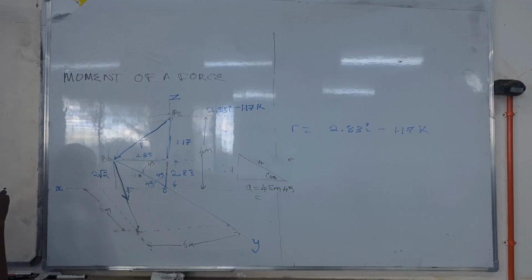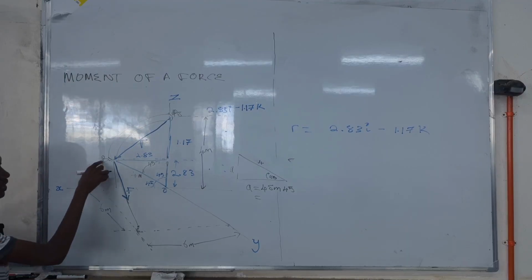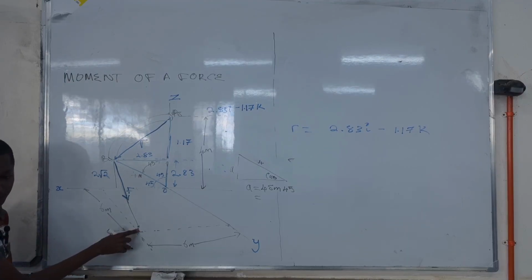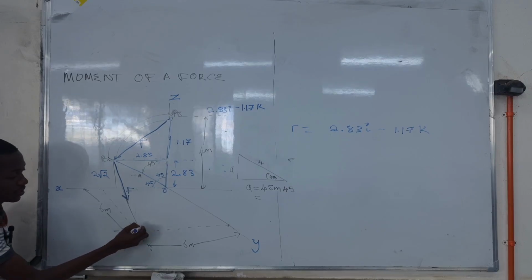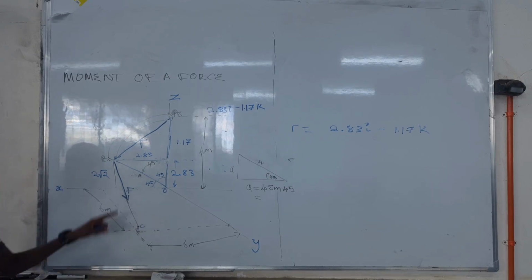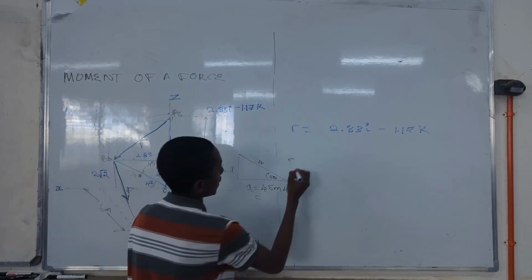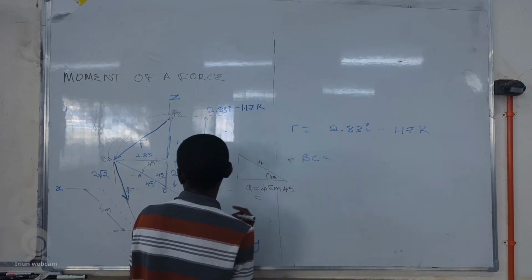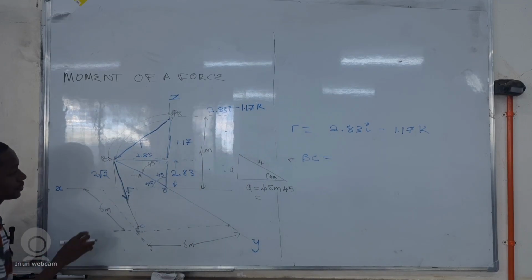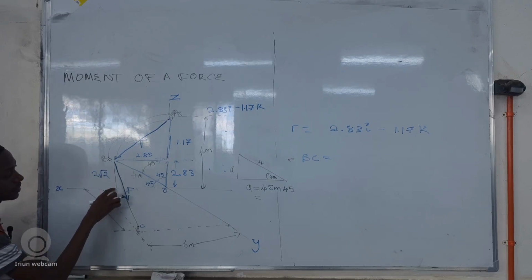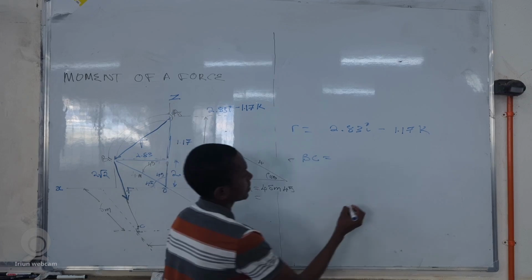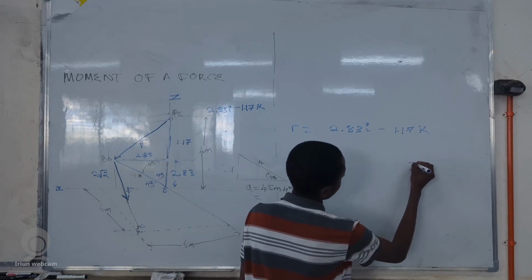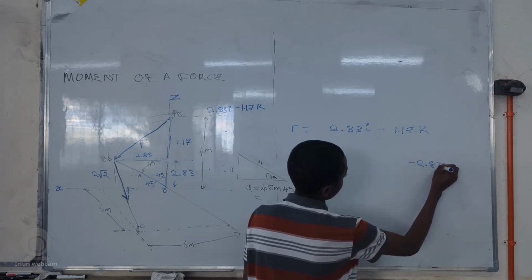So we just need to resolve now our force, right? So for our force, we are moving from B to what? What's this position? C. Okay, so we're moving from B to C. BC is equal to what? Okay, we're going to go down like this. That is in the Z. So in the Z, we are going negative 2.83.